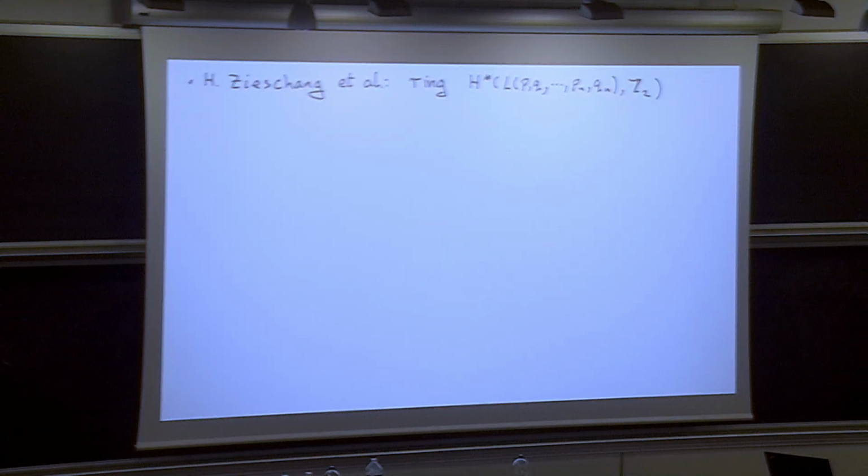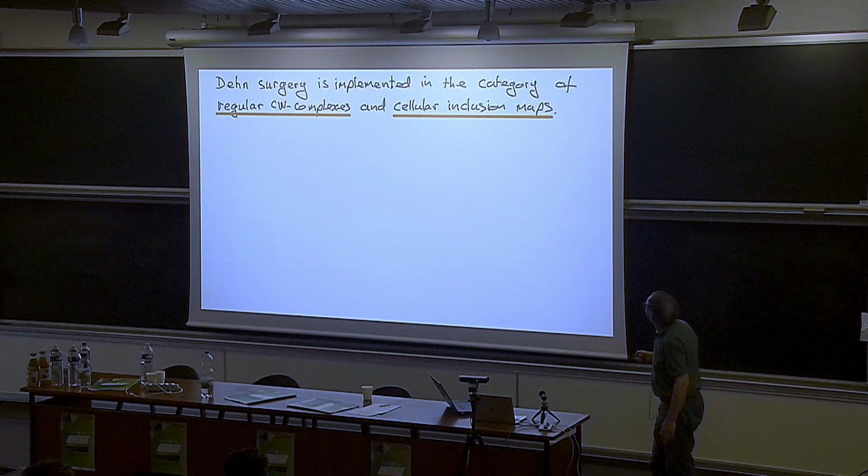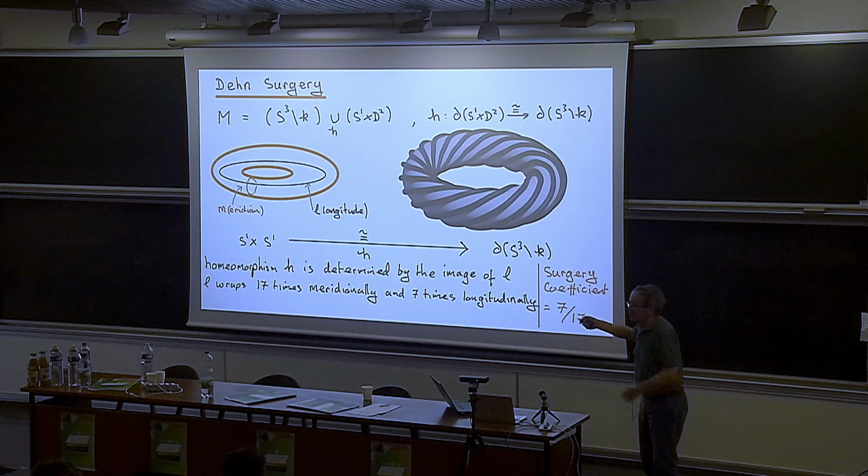So I just mentioned some papers, Zishang and others, quite a few papers. Yeah, I'll do it again. I didn't really say so. I said that in this case, P was 7 and Q was 17. It's the number of times you wrap around, and I'm forever getting confused between what's a meridian and what's a longitude, but I hope I got it right there.